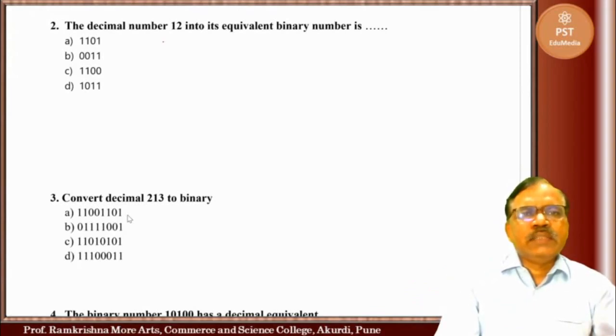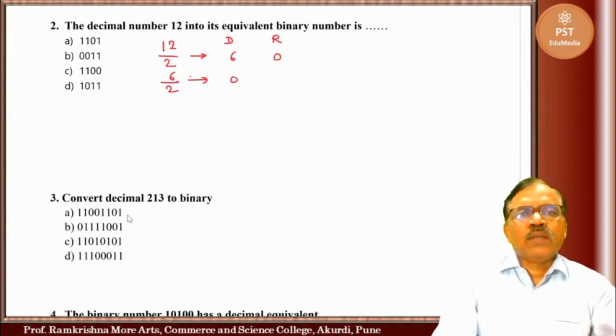So we take decimal number 12 and divide by 2. Division is 6, remainder is 0. Then 6 divided by 2, division is 3, remainder is 0.